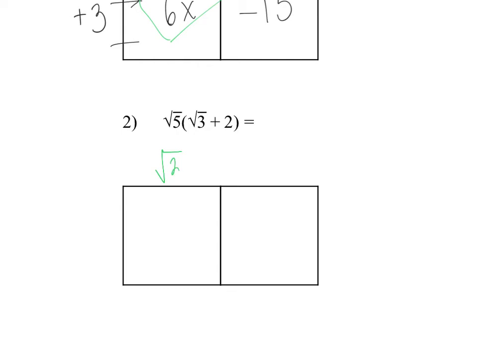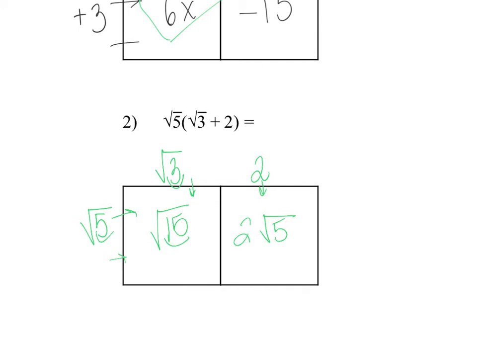We're going to write radical 3 plus 2, that's our binomial, and then we're multiplying by just a monomial, a single term there. When we multiply radical 5 times radical 3, that will become radical 15. They're both in radicals, so they get to come together as that 15. Now 2 times that radical 5 just gets written as 2 with radical 5 next to it. There's really a multiply, but we drop that off.